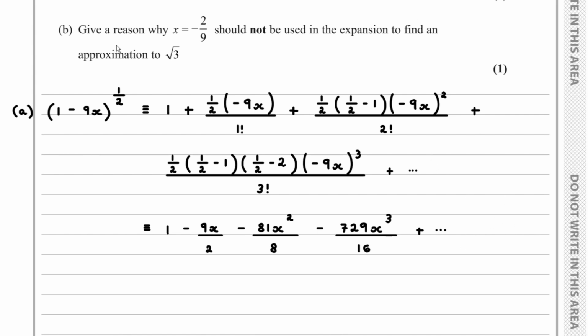Part B. Give a reason why x equals negative 2/9 should not be used in the expansion to find an approximation to root 3. If we think about (1 subtract 9x) to the 1/2, the expansion of this will only be valid for the mod of x being less than 1/9.